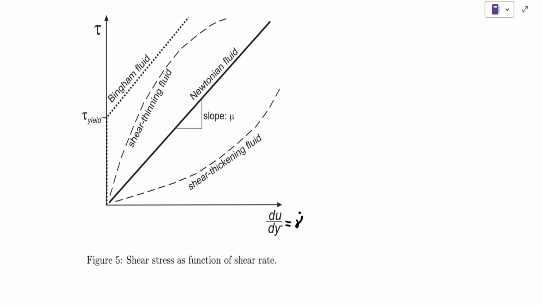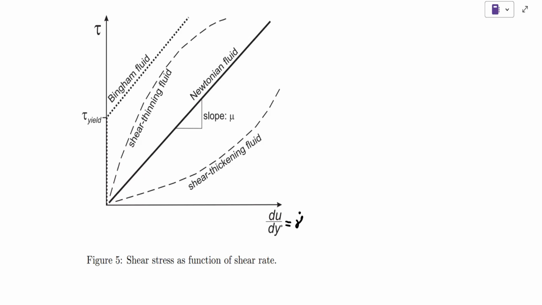And then we can see four different liquids. The first type is a Newtonian fluid. And this is just what we saw before, of course. So we have the linear dependency between the shear stress and the shear rate. And the proportional factor, of course, is the dynamic viscosity.